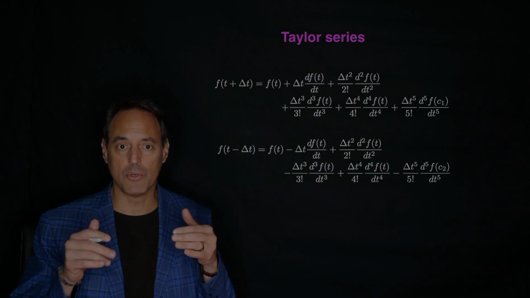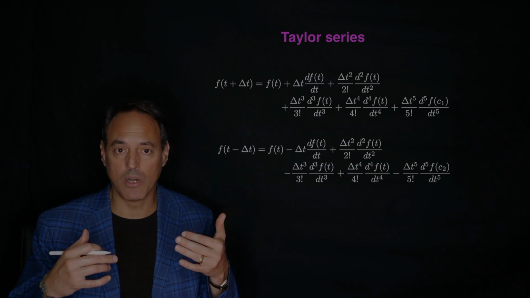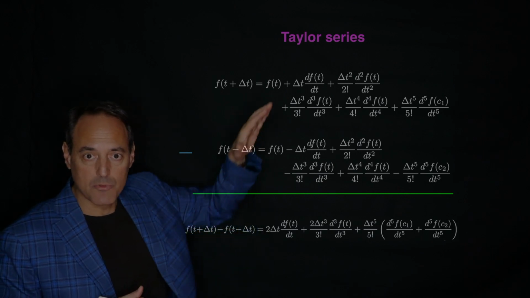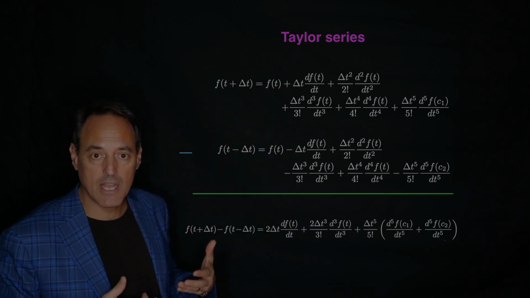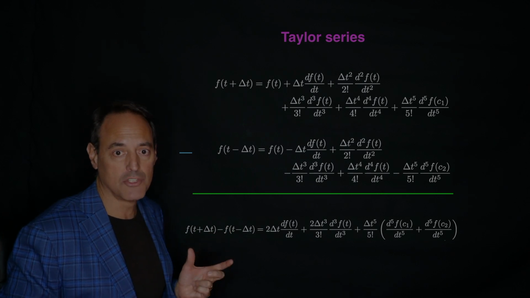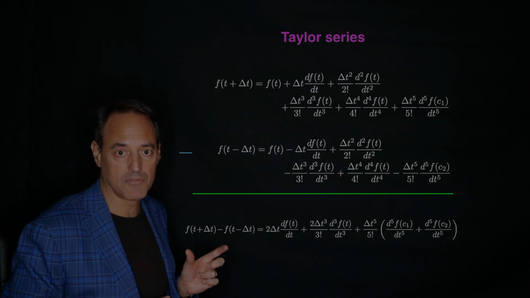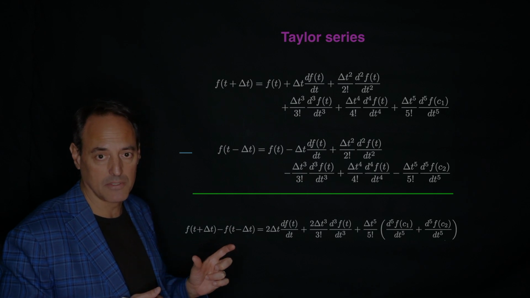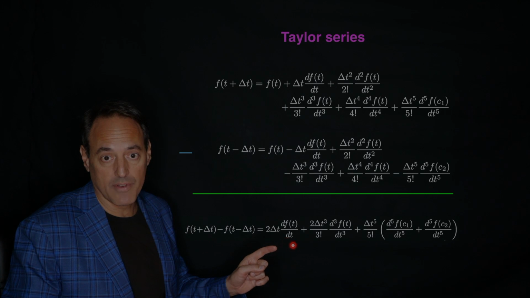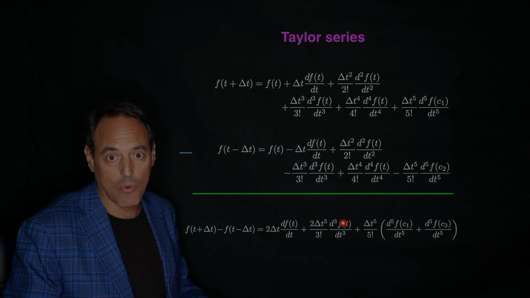Now I'm going to do exactly what we did before: take the second equation, subtract it from the first, and you end up with this expression. It gives you the difference of the points, f of t plus delta t minus f of t minus delta t, and an expression for the derivative. But what didn't go away this time is the third derivative, and then you have a fifth derivative.